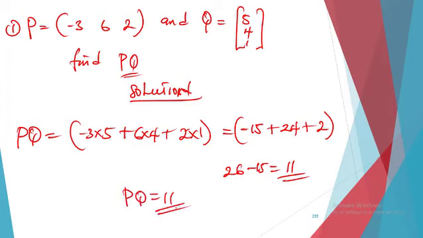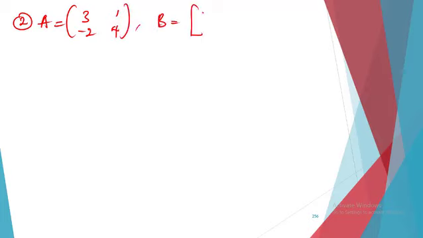Do you understand now? So let us take some complicated problems. Number two, assuming we have A equal to 3, -2, 1, 4, and B equal to 2, 0, 3, -1, 4, 2.